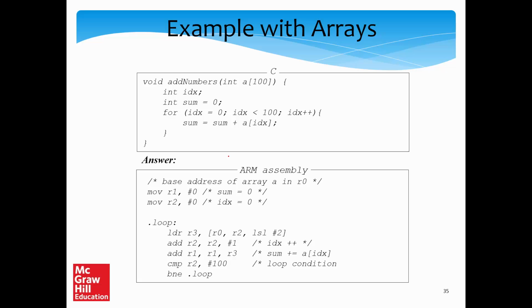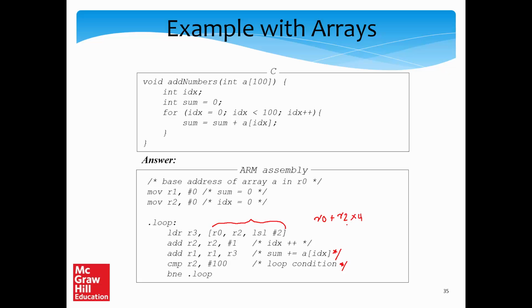Let's go back to our example where we were adding numbers. Let me correct it with the end of the comments. We're adding 100 numbers in a loop, and we use this complicated expression to compute R0 plus R2 times 4.